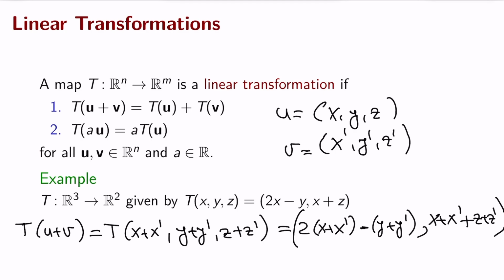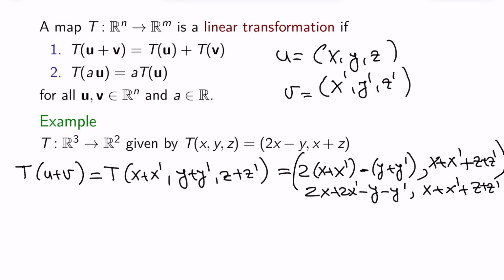Let's expand this operation here. This will be 2x plus 2x prime minus y plus y prime, comma, x plus x prime plus z plus z prime. Okay, so this is the transformation, this part, let's say. So we know how much is T applied to the addition.